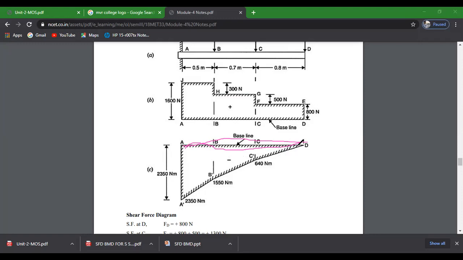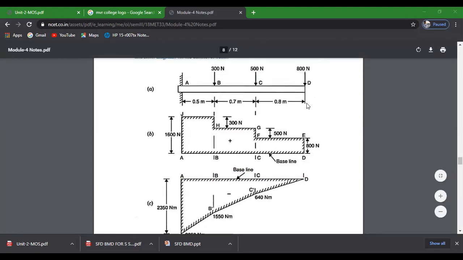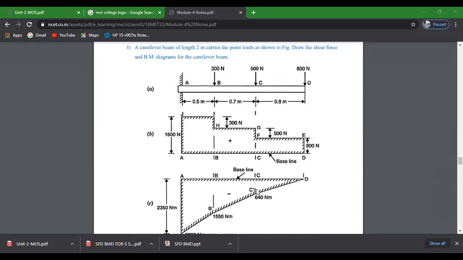At the point D, from the point D to point C, we don't have any moments or forces. So here the bending moments will be represented by an inclined line. From D to C, an inclined line will be there. From C to B also, another inclined line will be there, and B to A also.